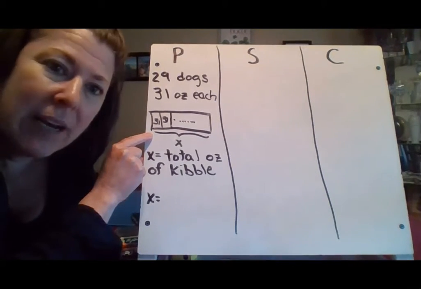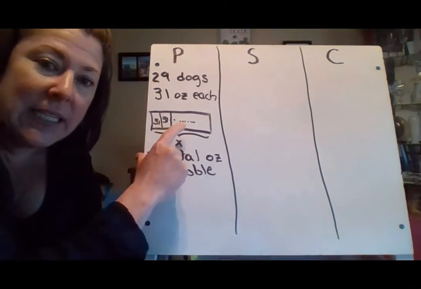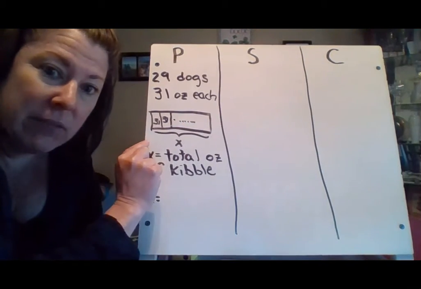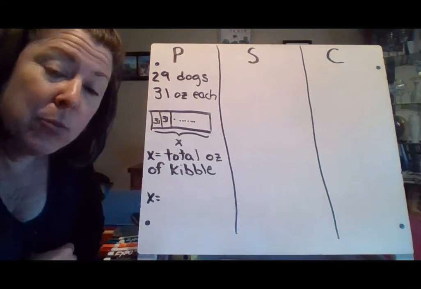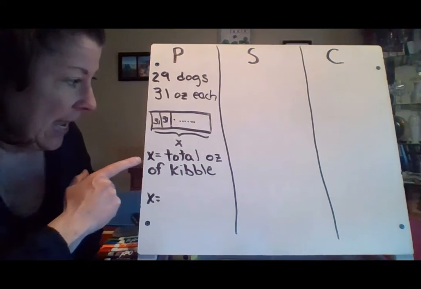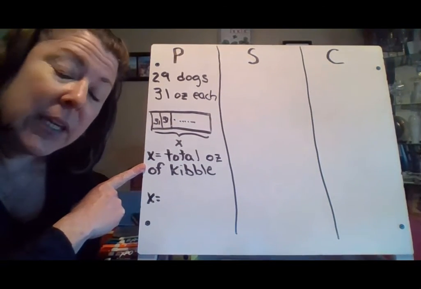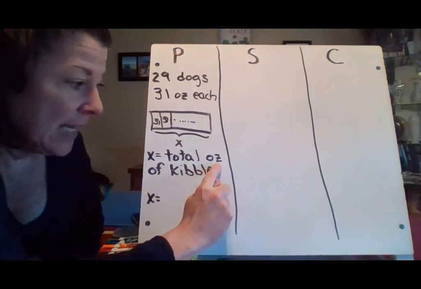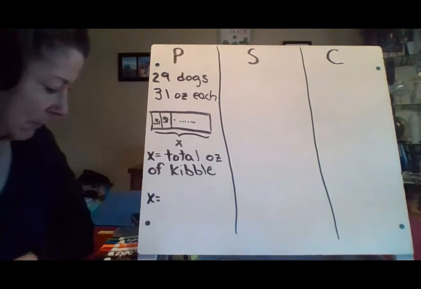Well, actually, I probably could have, but that would have taken a long time and a lot of space. So what I did is I did my little dot, dot, dot for the rest of the dogs and started to put 31s in each part of my tape diagram. X is going to equal the total ounces of kibble. And just a reminder that the abbreviation for an ounce is OZ.